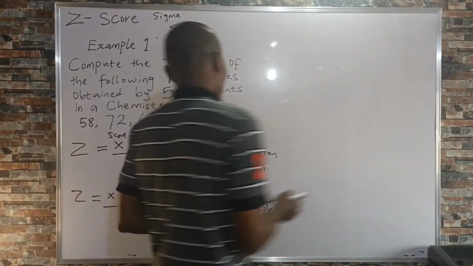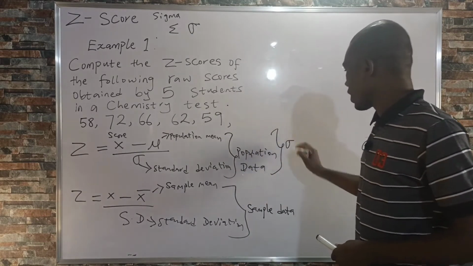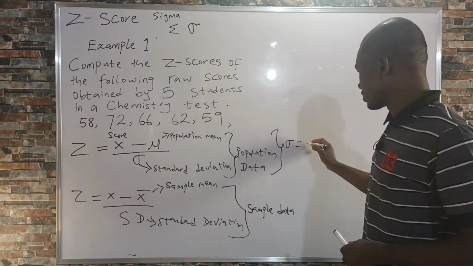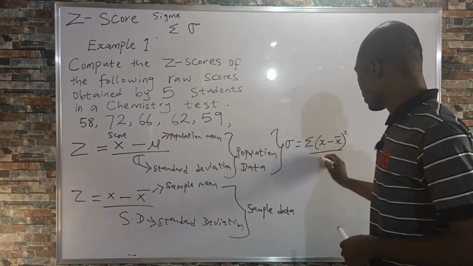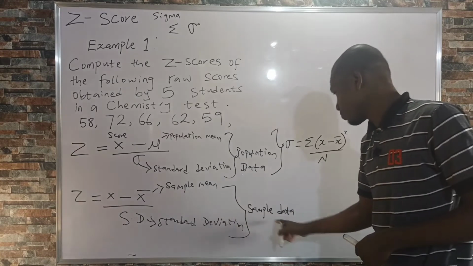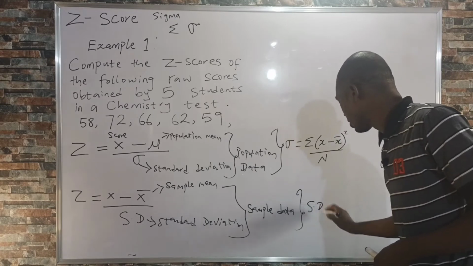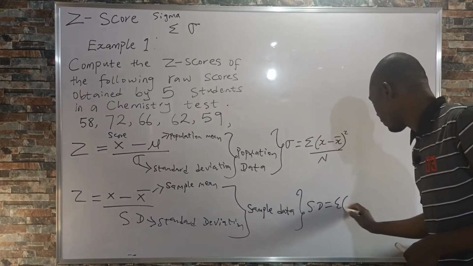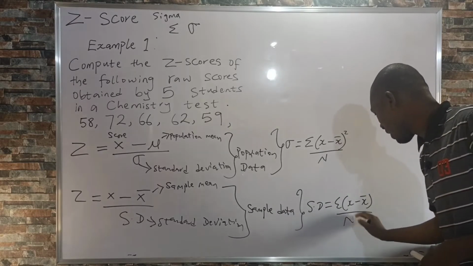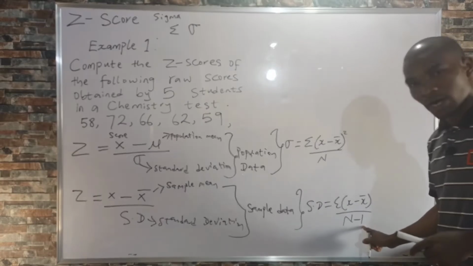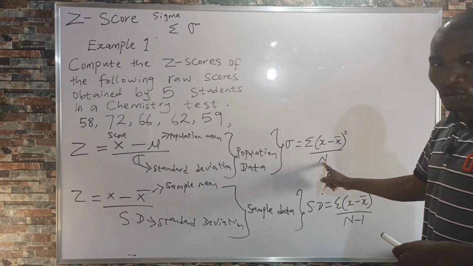For the population data, the standard deviation is given as sigma, which is equal to the square root of the summation of x minus x bar all squared, over n. But for the sample data, the standard deviation is given as SD, which is equal to the square root of the summation of x minus x bar, where x bar is the mean, all squared over n minus 1. That means we must subtract 1 from the total observation, which is n. Take note that n is the total observation.